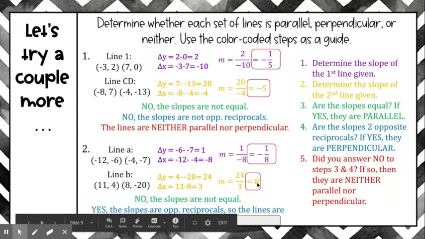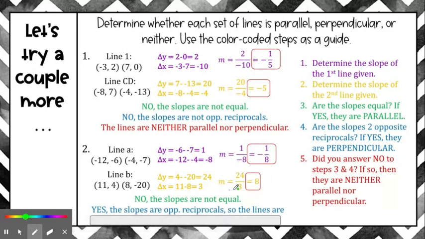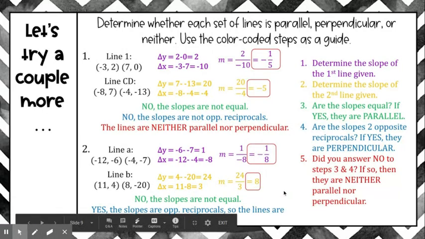Yes, they are, because this could be seen as 8 over 1. And so this would be the opposite reciprocal because we would flip it and change the sign. So yes, they're opposite reciprocals. So the lines would be perpendicular.